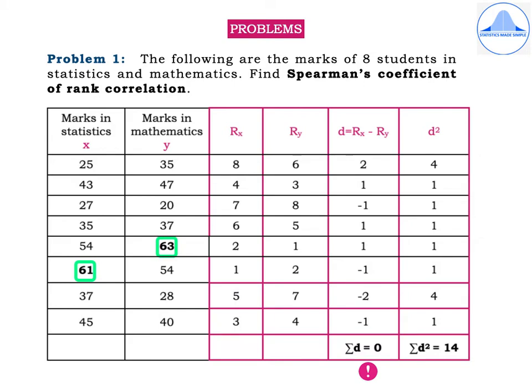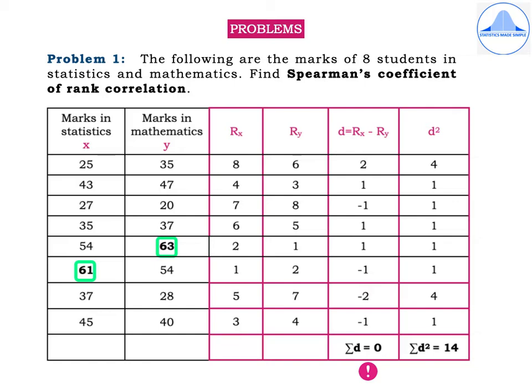So in the second column, we have marks in mathematics. The highest value is 63. So 63 gets the rank as 1, 54 gets the rank as 2, 47 gets the rank as 3, 40 gets the rank as 4, 37 gets rank 5, 35 gets rank 6, 28 gets rank 7, and 20 gets rank 8. Now find out the D values, that is Rx minus Ry.